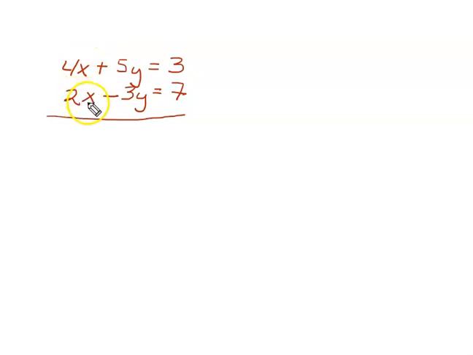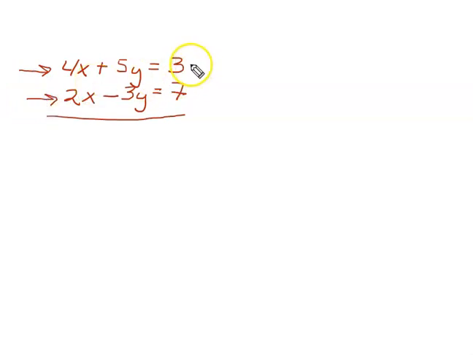So you end up with an equation with only one letter, as we did with substitution. Now, studying this and looking at it carefully, I see that, for instance, if this 2x were a negative 4x, these terms, when I added them up, would cancel out. So that's what I'm going to do.